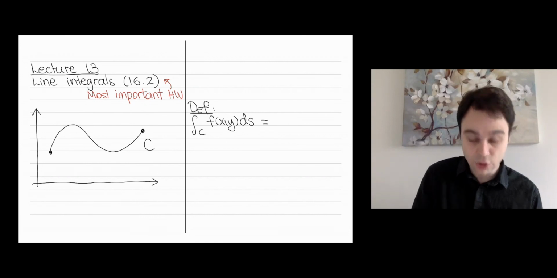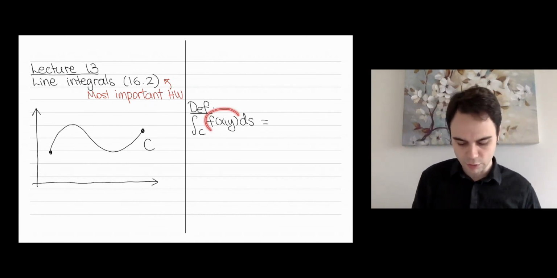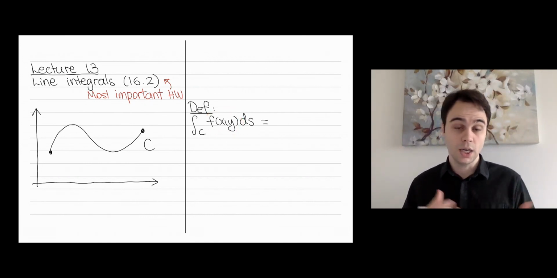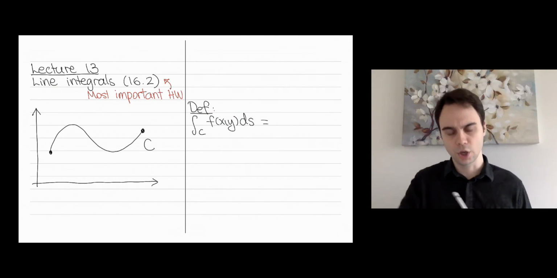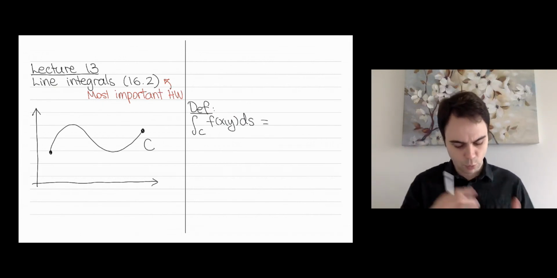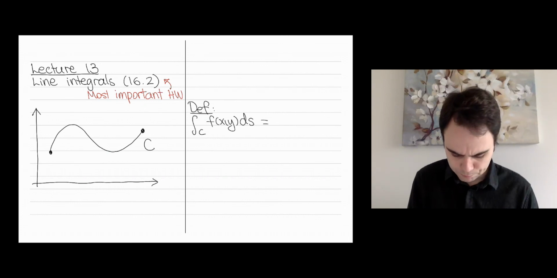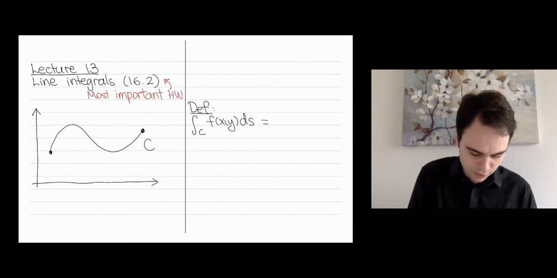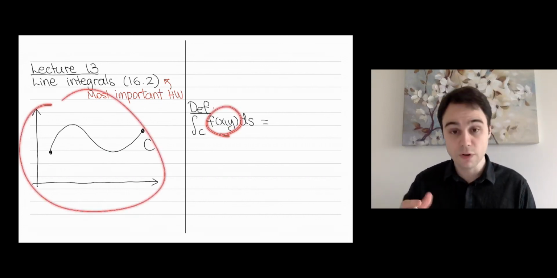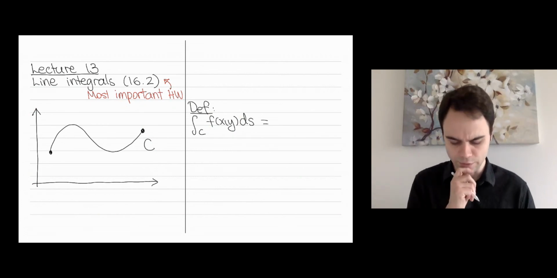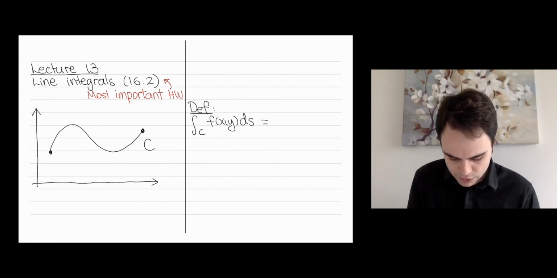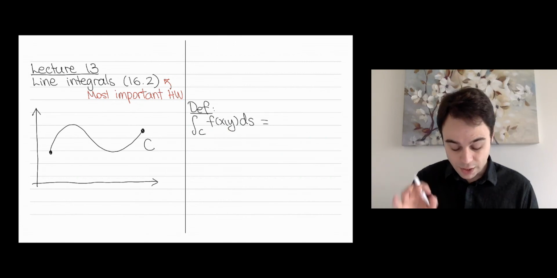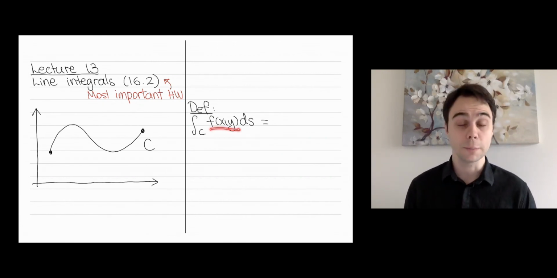In 3D, if the curve lived in 3D, I would be integrating a function of positions in three-dimensional space, since the points in the curve live in 3D space. Here they live in 2D, so I have a function of two variables. In 3D, I'd have three variables. So I want to tell you what it means to integrate a function, the definition of the integral of a function f over a curve C.